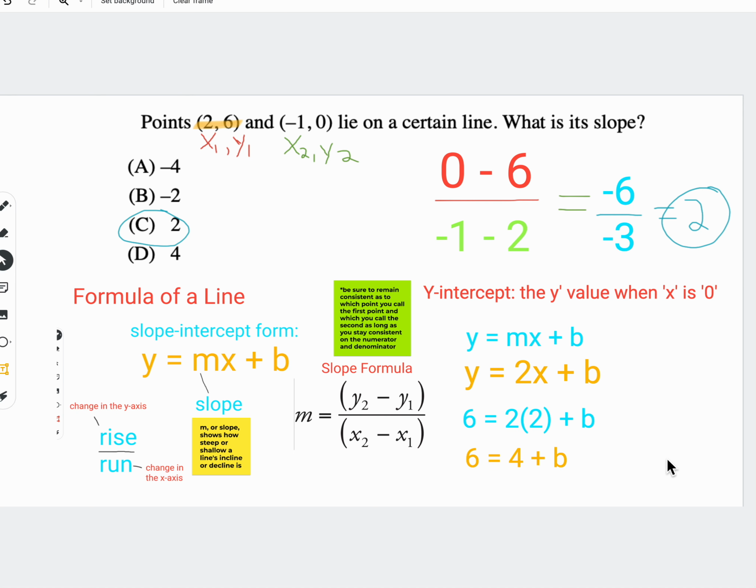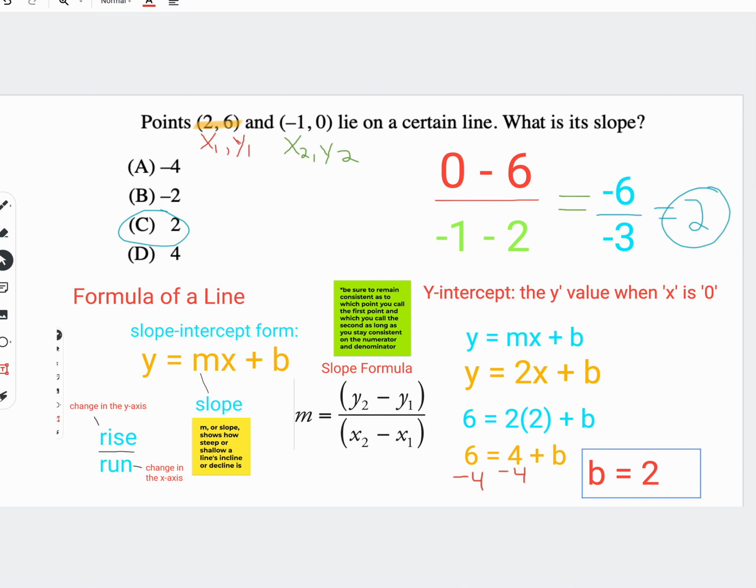Now we can subtract 4 from both sides to isolate our b variable. Here we find that b equals 2. Since b equals 2, the point 0, 2 must also be a point on the same line.